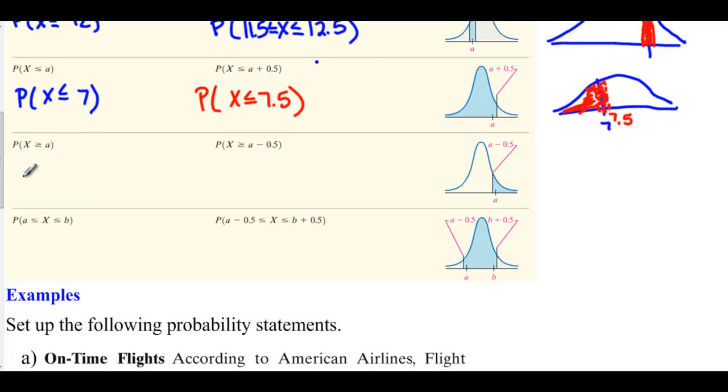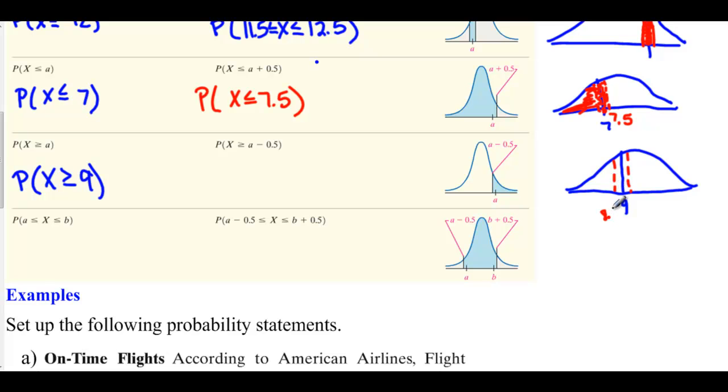For the greater than or equal, so probability that x is greater than or equal to, we'll go with 9. So again, we have our picture. Well, normally with 9, we'll pretend like right here's 9. Bless you. We would go half above and half below.